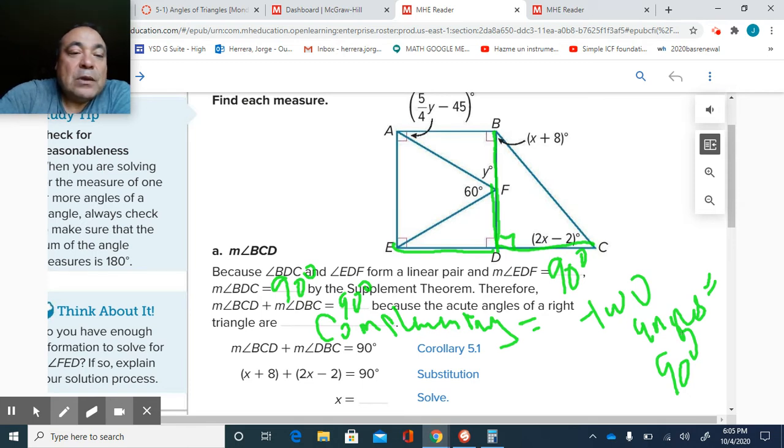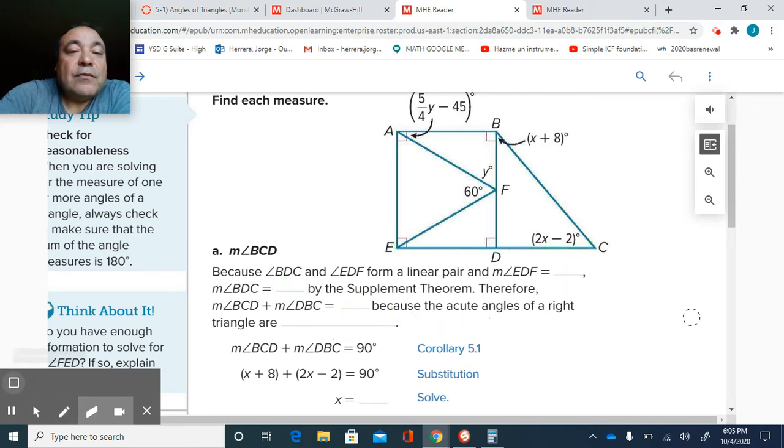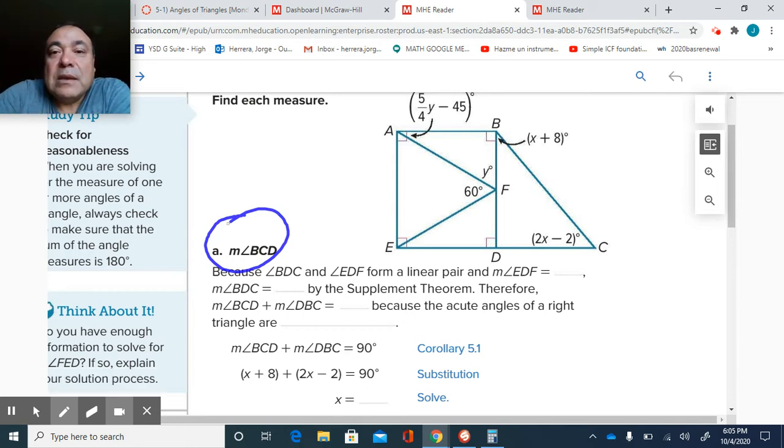Okay? So therefore, the question, guys, on this one, they really want us to concentrate and find the measure of BCD. They want this measure right there, guys. They want us to find this measure. What is the measure of BCD? So they're asking us to find B right there. What is the measure of this angle right there?